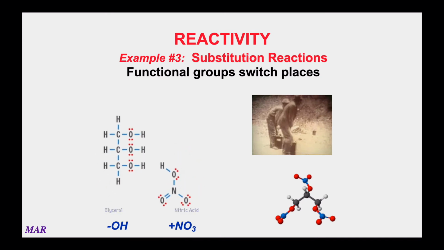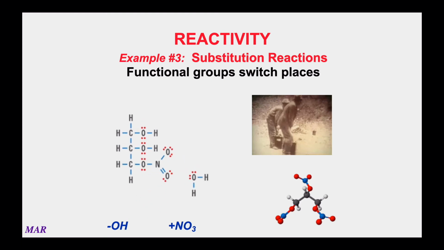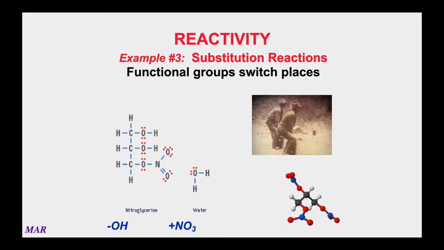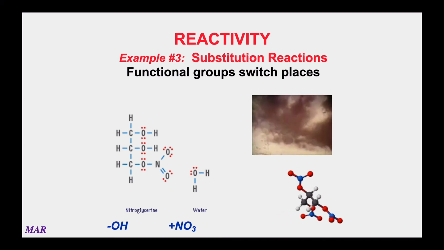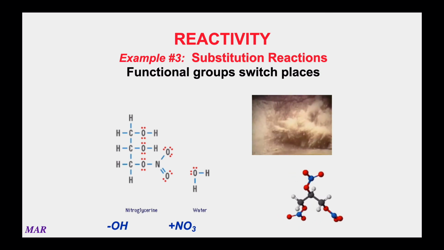In the substitution reaction of glycerol with nitric acid, hydrogen atoms on the glycerol are replaced by the nitro group to produce nitroglycerin and water. Nitroglycerin is essentially triol glycerin with a nitro group, and if you add nitric acid to it, it'll make it.